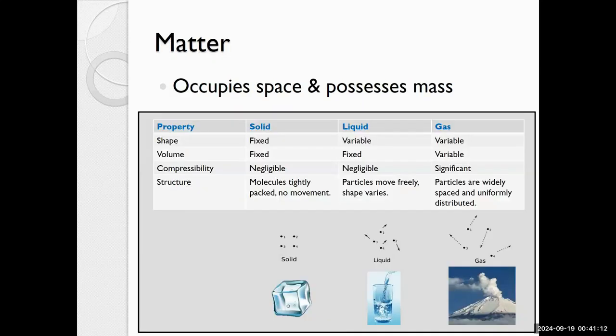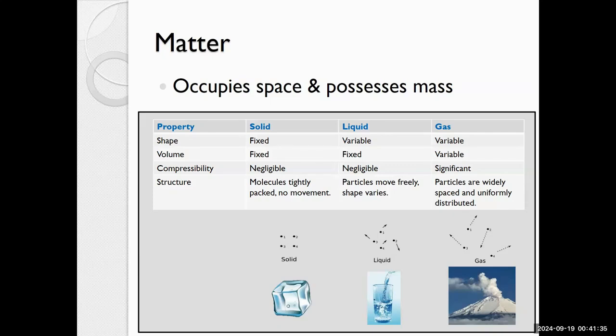Everything that matters exists in one of 3 physical states: solid, liquid, or gas. Matter is defined as being composed of elements that occupies both space and has weight. But how they exhibit this space and mass varies depending upon the phase they exist in.